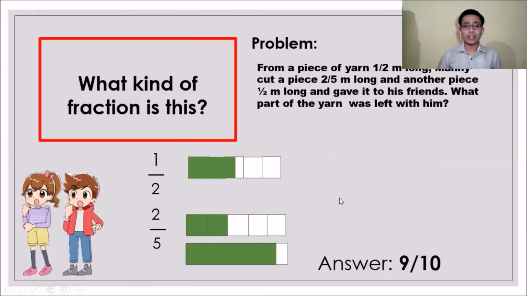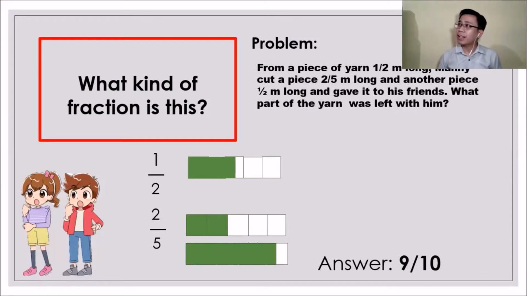Another, what kind of fraction is this? I have a problem here. A piece of yarn 1/2 meter long, Manny cut a piece 2/5 meter long and another piece 1/2 meter long and gave it to his friends. What part of the yarn was left with him? Kung mapapansin ninyo, Grade 6, almost the same ang laki nila, pero 1/2 and 2/5.